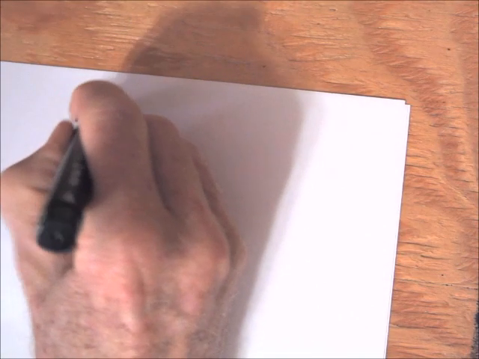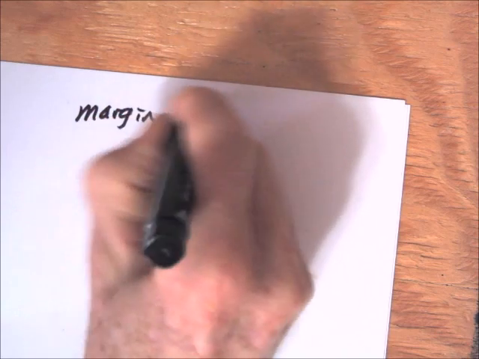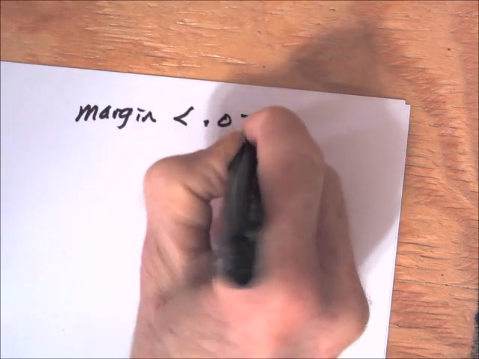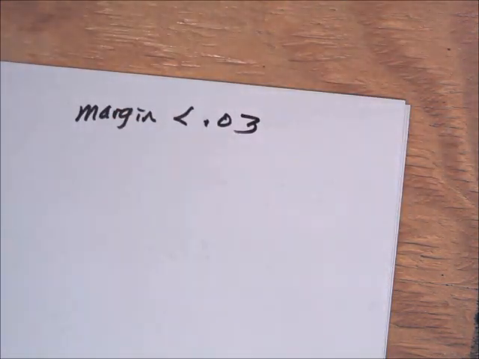So we want the margin to be less than 0.03, and the margin of error is what comes after the plus or minus sign in the formula.